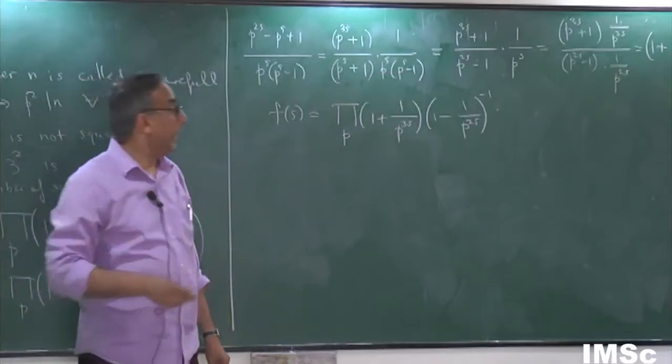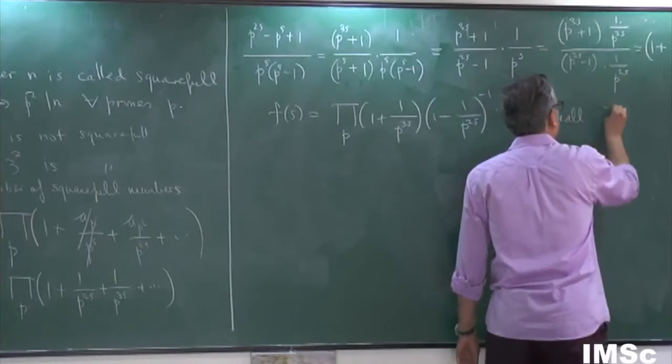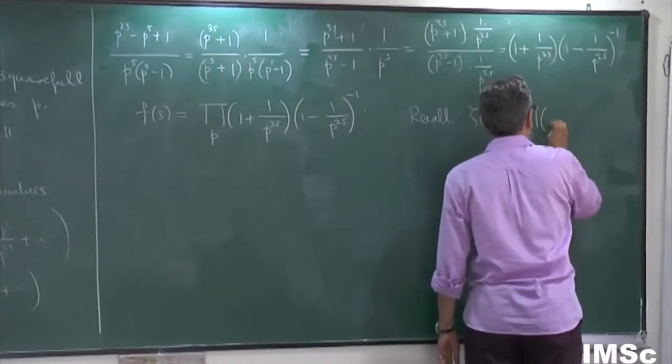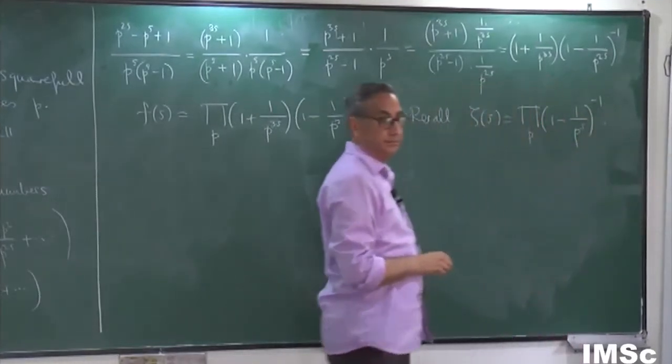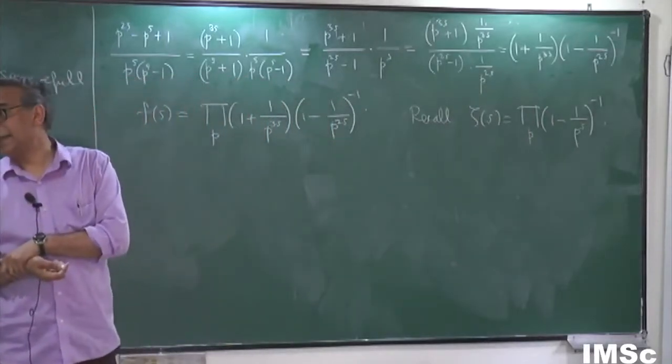Okay? Now, recall zeta of s, the Riemann zeta function, which we all now know something about, is the product over primes of 1 over 1 minus p to the s inverse. So I recognize the second factor as zeta 2s.